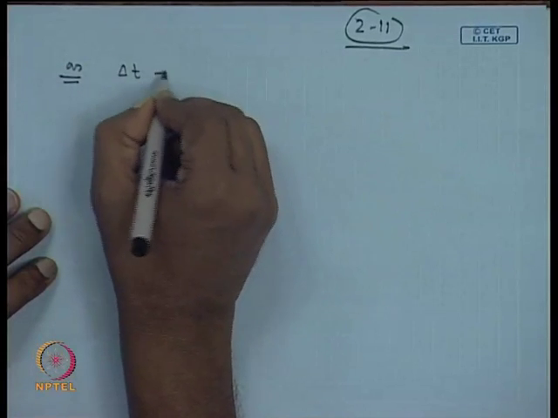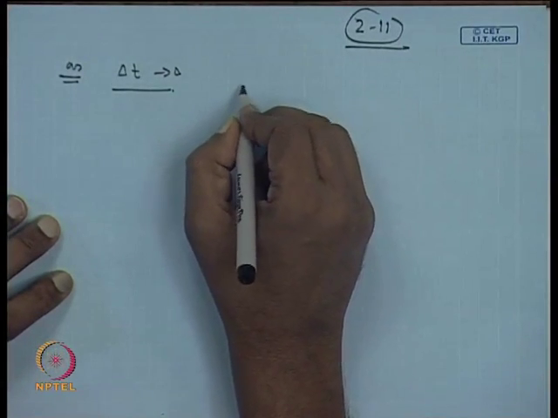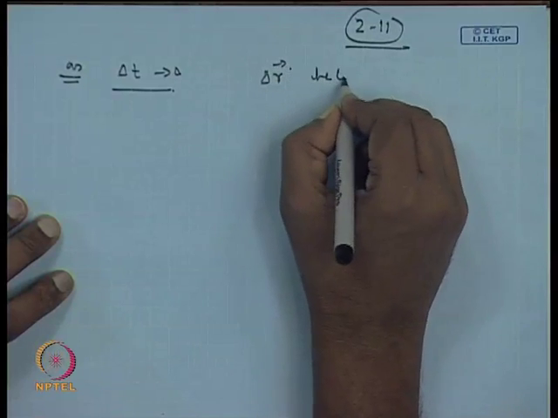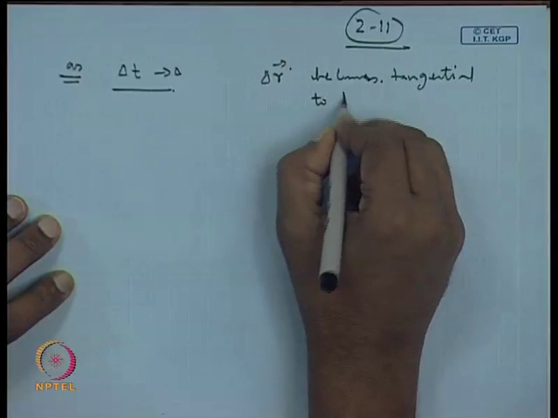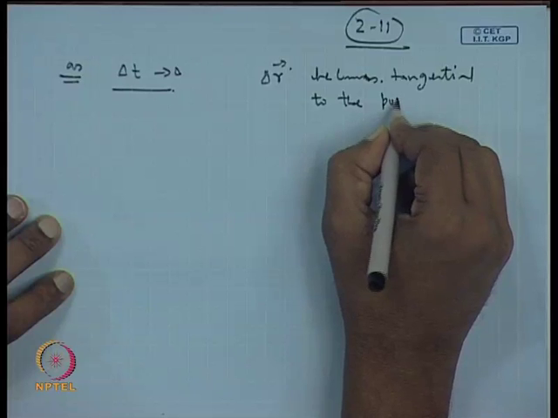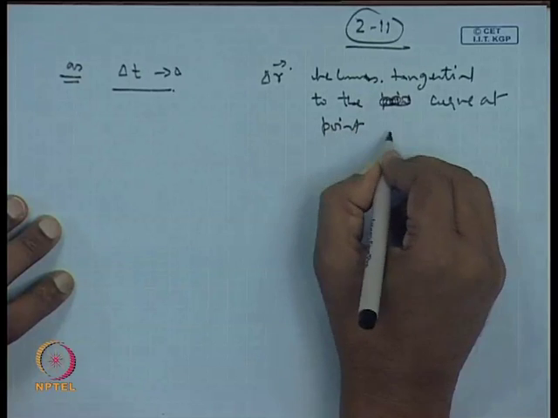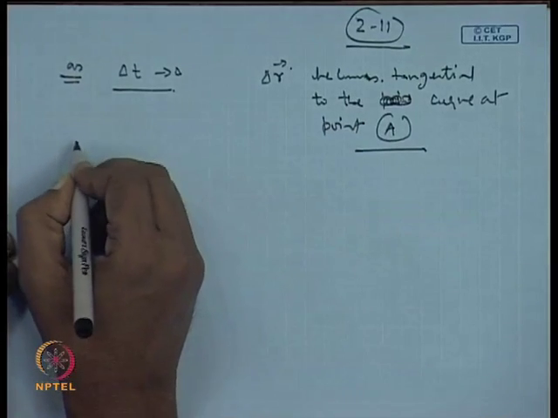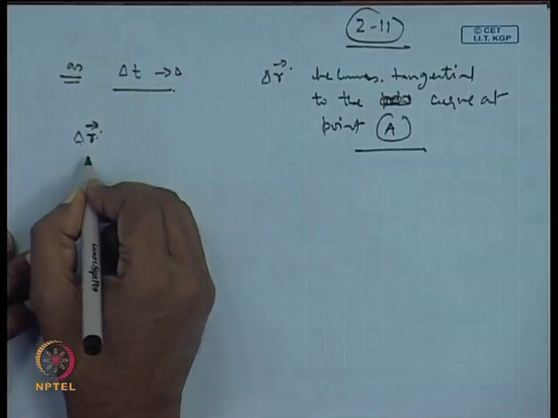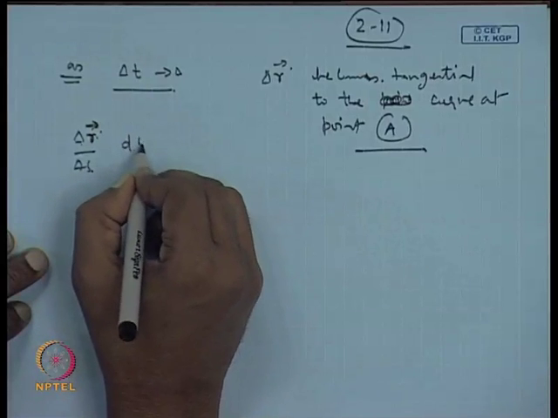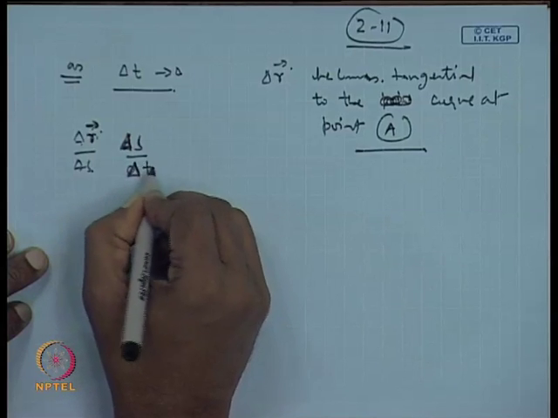So, as delta t tends to 0, delta r becomes tangential to the curve at point A. Okay, therefore, delta r can be written as delta r by delta s times delta s by delta t.